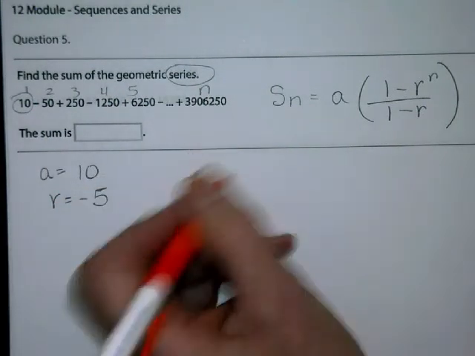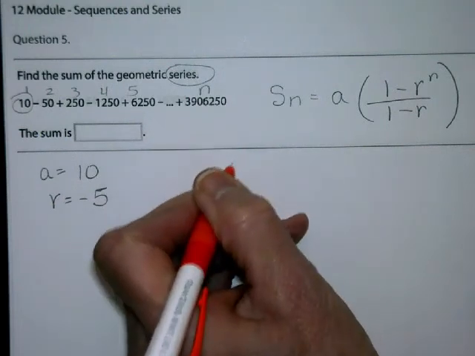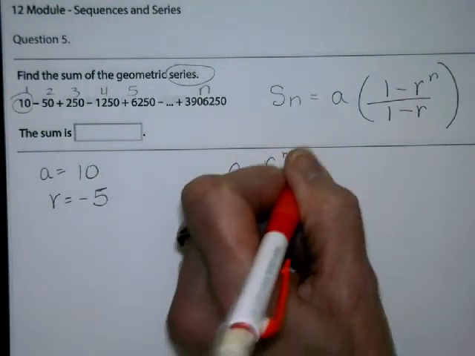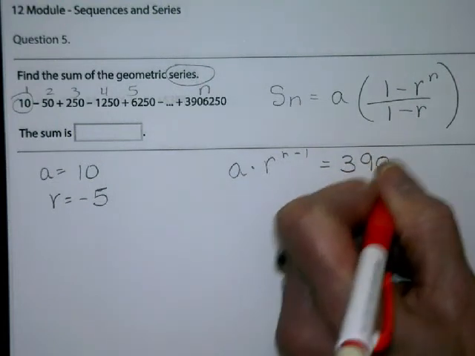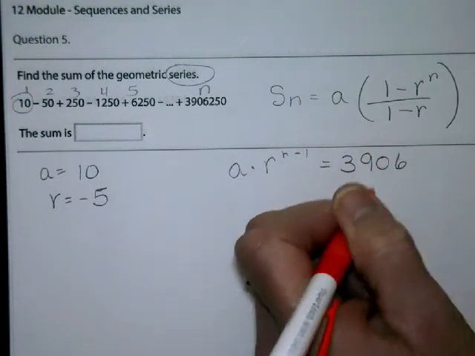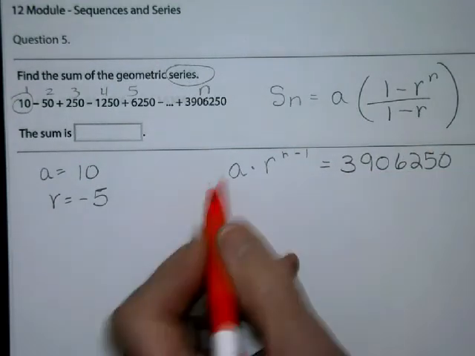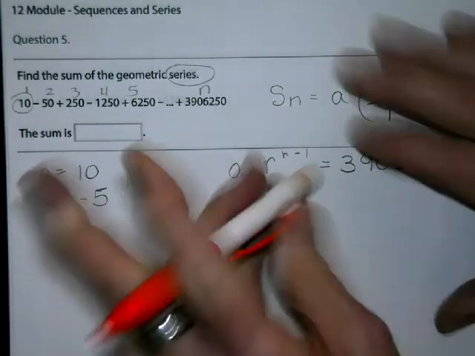So then we use our geometric sequence story, where our last term would equal a times r to the n minus 1 power, 3,906,250.